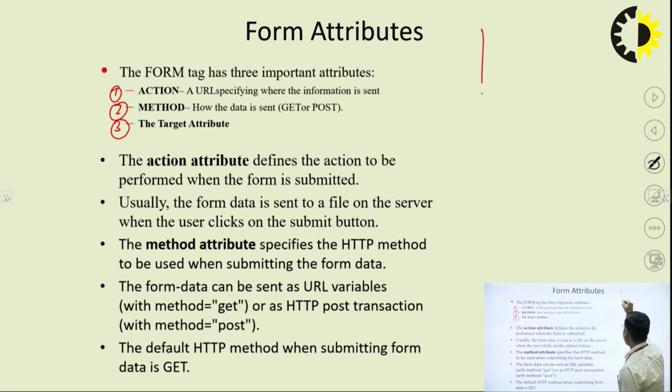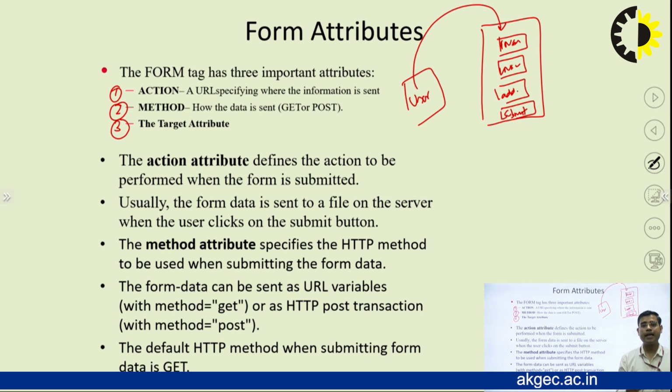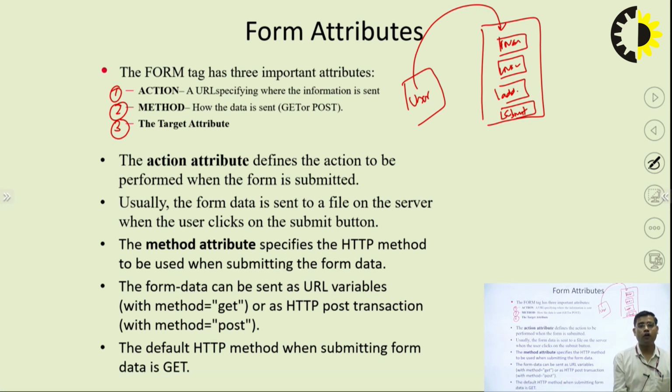Suppose you collect information from the user, like first name, last name, address, etc. You can collect the information from the user, but where is the action performed, where is the information sent?